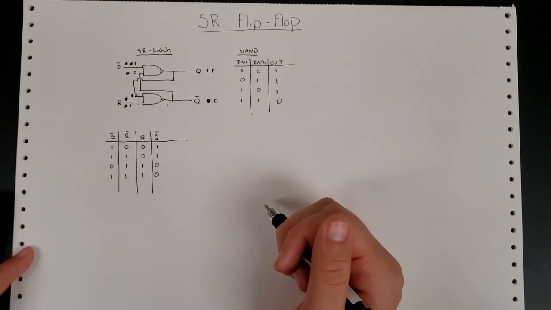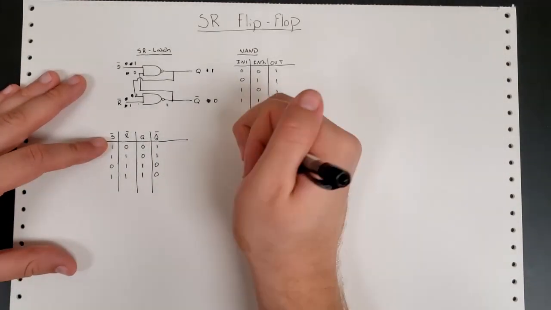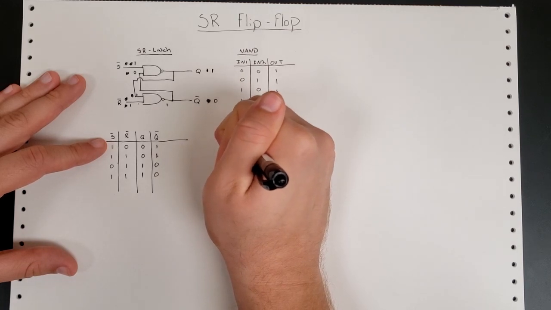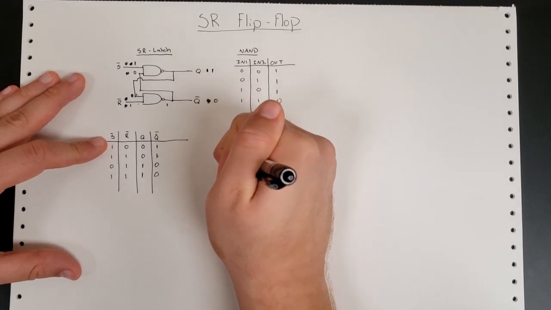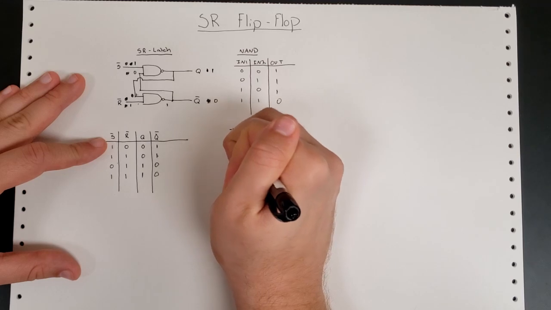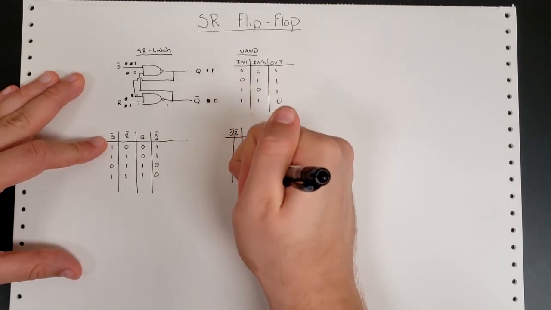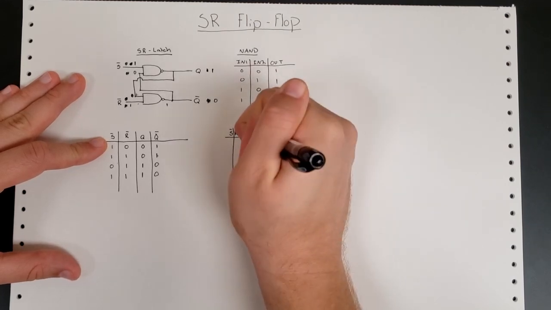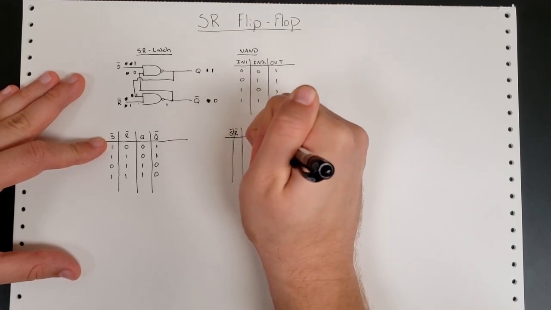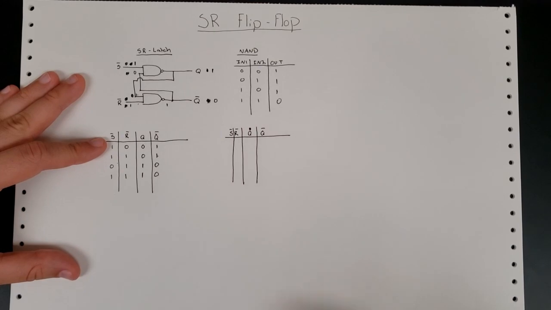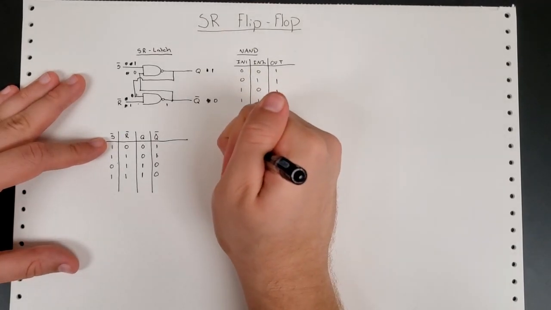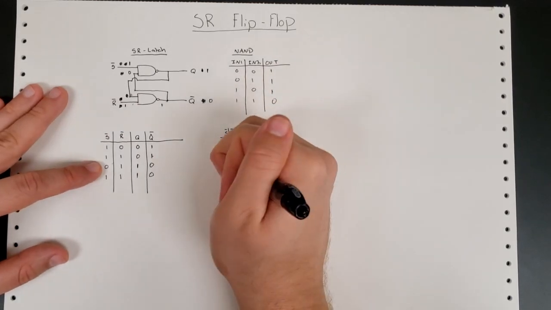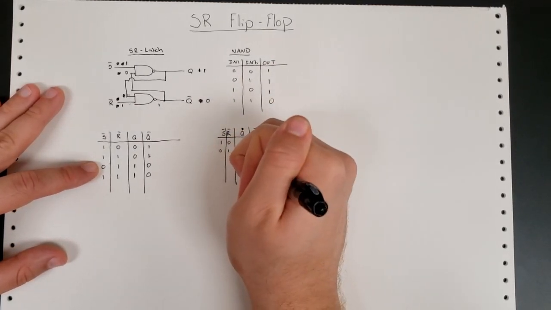So another way of writing this truth table, we can rewrite this truth table with S and R, Q, sorry, that's just Q, this is Q complement. If S and R is 1, 0, then this is still going to be 0, 1. If S and R is 0, 1, then this is going to be 1, 0.